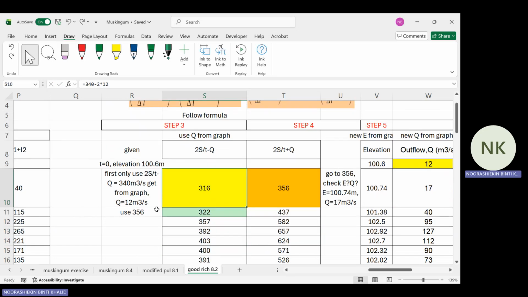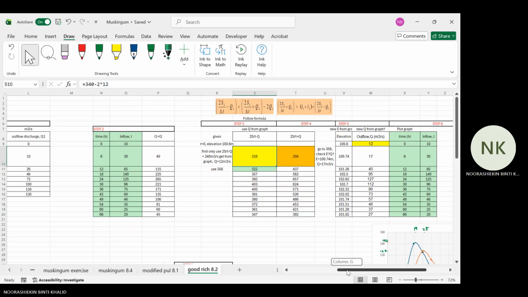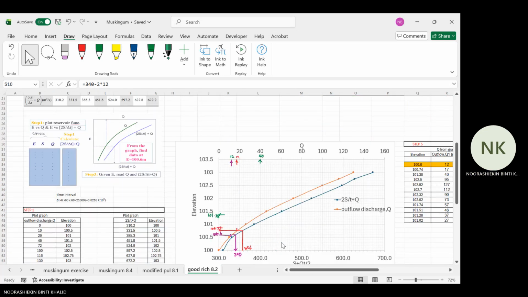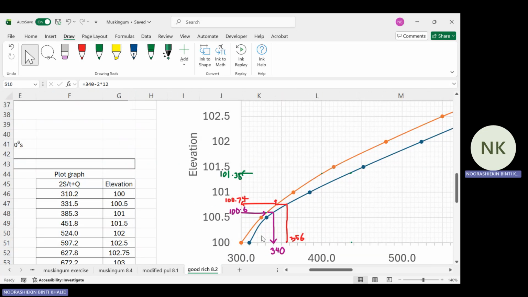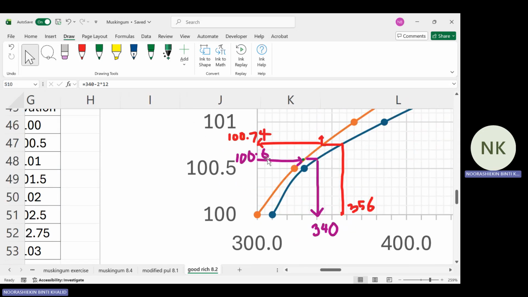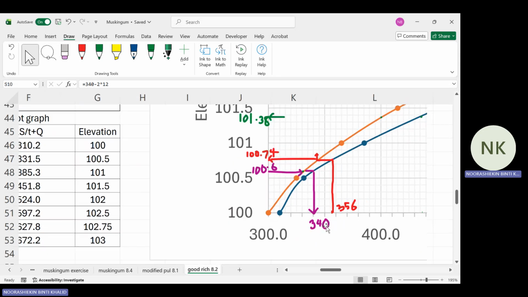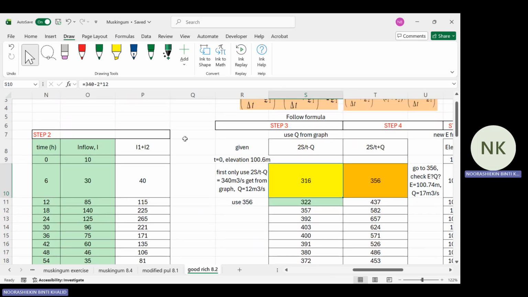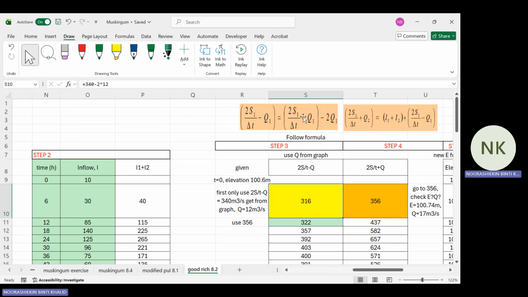So I got 340 because of this one. When we go to 100.6, we go to the graph at 100.6, so I got 2S over T plus Q is 340. So that is why I use 340. Okay, so 340 minus 2Q, this equation. Okay, got this one.